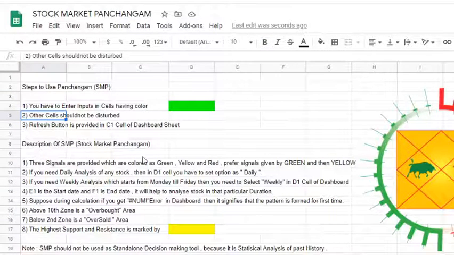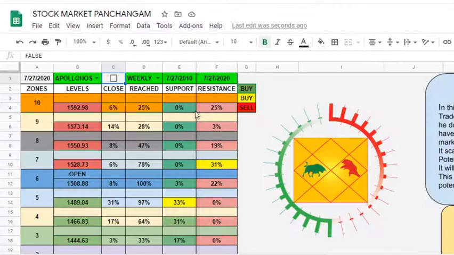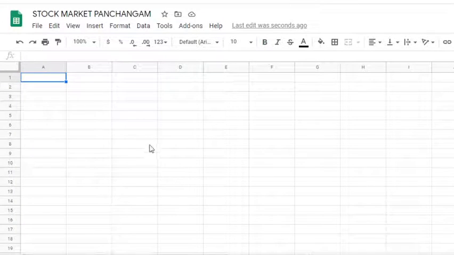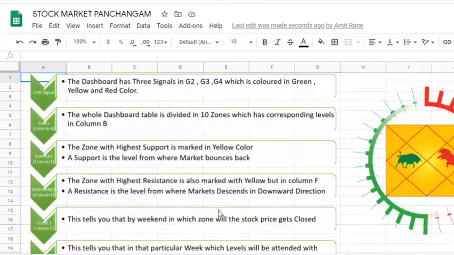Then we will see the description of the stock market Panchangam. Three signals are provided, colored green, yellow and red. Prefer signals given by green and yellow. This instruction comes under the output section, so we will see what the different outputs of the system are.